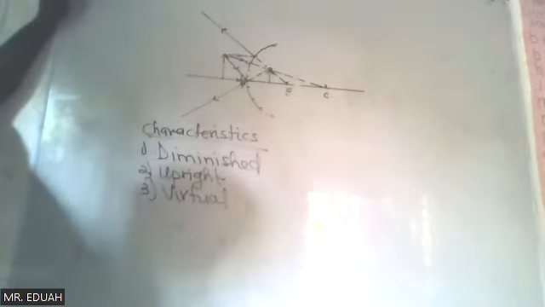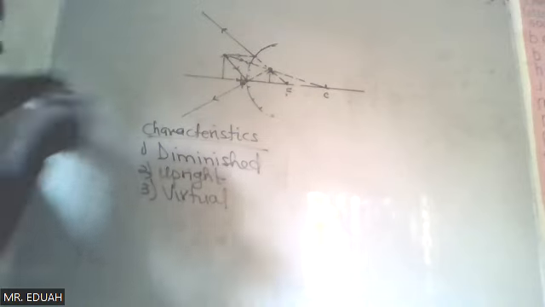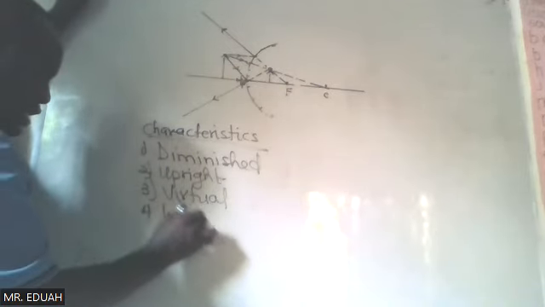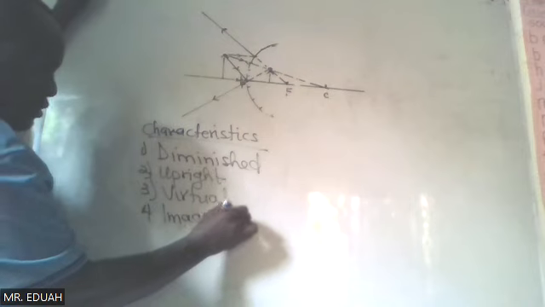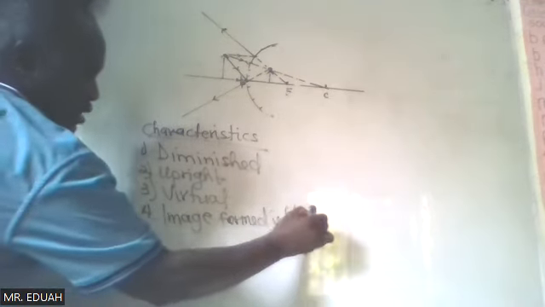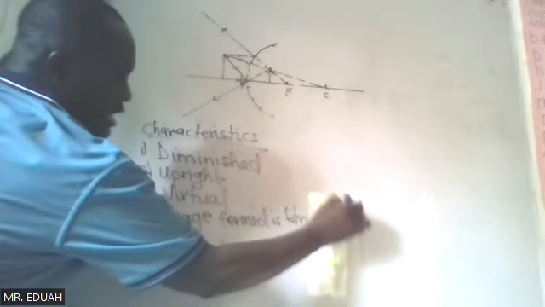And the image formed is between P and F. The image formed is between the pole and F.